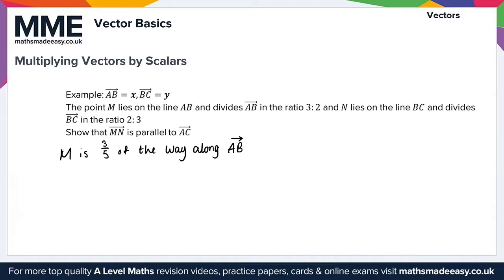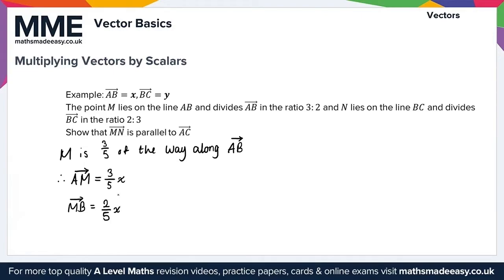So therefore, what we can say then is the vector AM is simply equal to 3/5 of the way along AB, the vector AB here, so that means it's 3/5 of x. Okay. And in that case then, the vector MB here is simply equal to 2/5 of x.